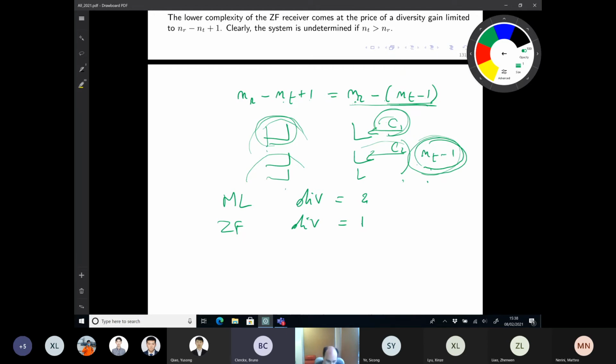So for zero forcing, it's important that the number of receive antennas is larger than the number of streams you transmit. If you have 2 streams, in order to get rid of the interference, you need at least 2 receive antennas. If you have 3 receive antennas, it is better, because then you can have a higher diversity gain. If you have 1 stream per antenna and NT streams, you need NR to be larger than NT.